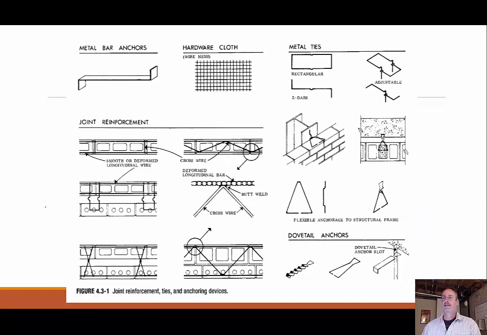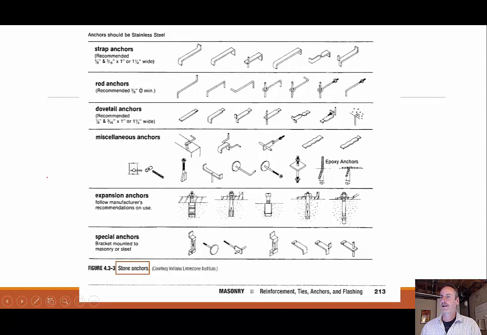Here's a series of different anchors and connectors and things. You can look at these joint reinforcements, a way to strengthen our joints and tie it to the existing structure like we were just saying. We have these dovetail anchors, and that means we have a little slot in here that this is fitting into. A whole bunch of different types, right? Here's even more.